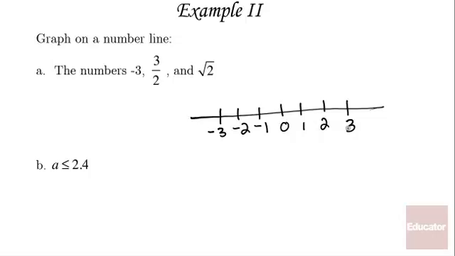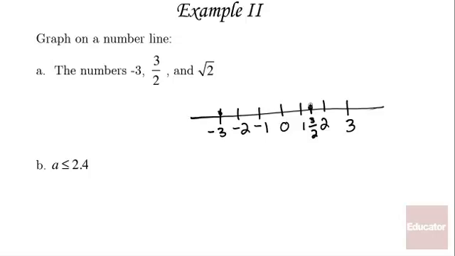Okay, so I look at my first number, -3, and that's pretty easy to graph here on the number line, right at -3. The second number is a fraction, 3/2, and that's equal to 1.5. So it's going to be right here between 1 and 2. So 3/2. It's going to be right there.